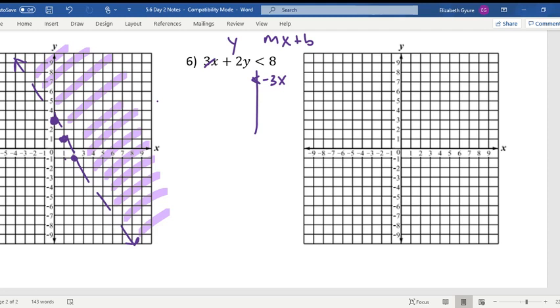You there, Mason? All right, Mason must have stepped away. Corey, what do you think? 2y, stay or go? So for this one, do we want y's on the left or on the right, Corey? Yeah, we want y's on the left.